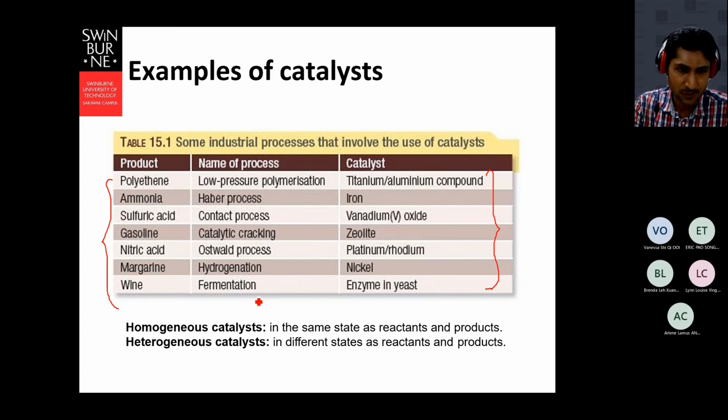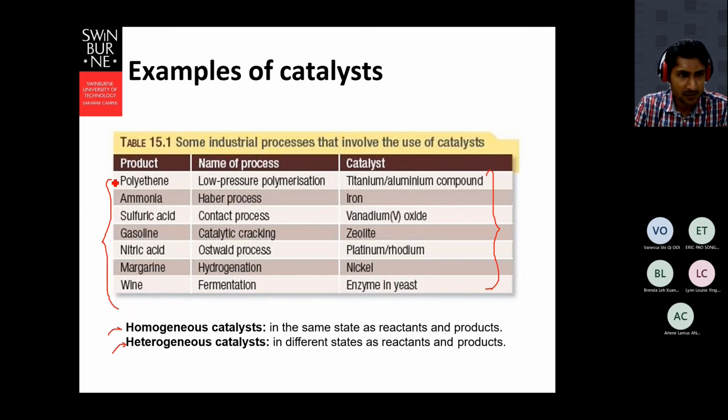There are two categories we can divide catalysts into. Homogeneous: the catalyst is at the same state as the reactant and product. And heterogeneous, which is not at the same state.